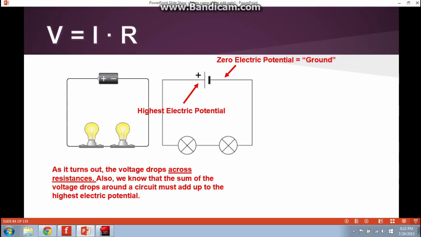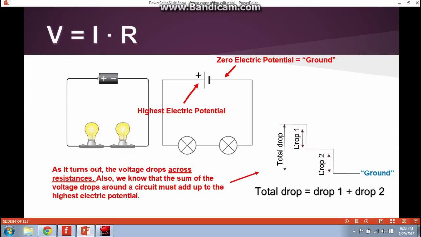And also, when you go around the circuit, all the voltage drops need to add up to the total voltage drop across the battery. You can see this in the diagram to the right here. We like to use this ball analogy, or remember we used the Roadrunner and Wile E. Coyote a couple videos back, where you can think of it as regular old potential energy from science class.